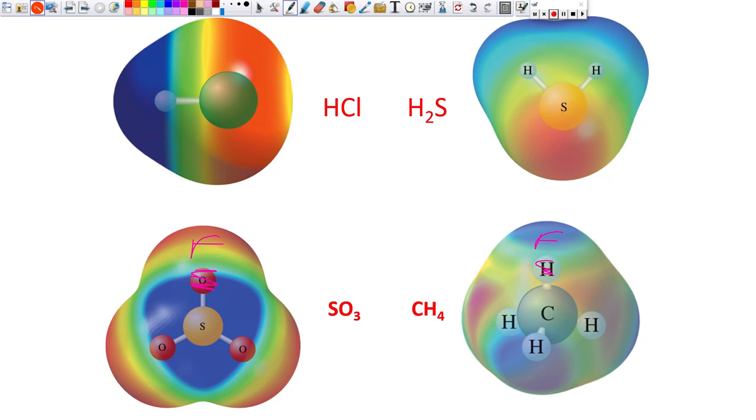Now, I know what you're going to say. Is that a metal or a non-metal? It's a polyatomic ion. So if you have a metal and a polyatomic ion, it's an ionic bond. Everybody with me?